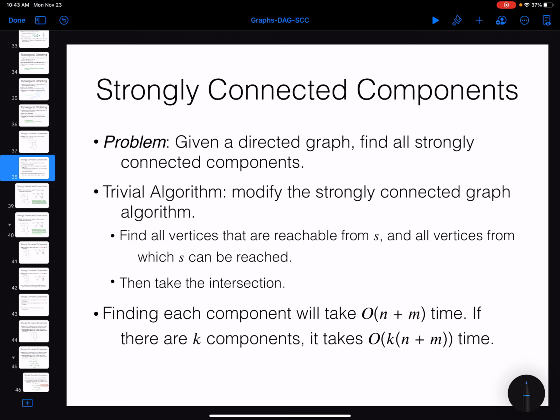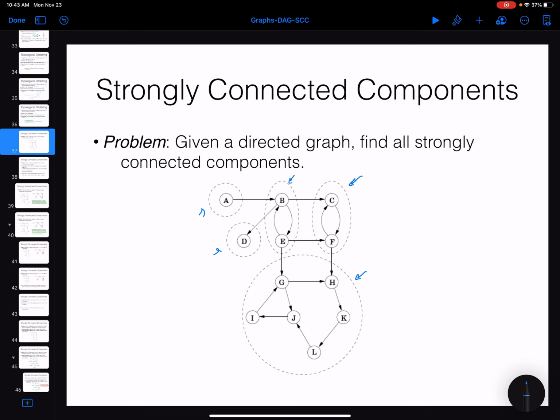We can use the same idea here, because as you can see, every node is going to be part of one of the strongly connected components. It's just like we are partitioning the whole graph into different groups, and those groups are strongly connected and maximal.